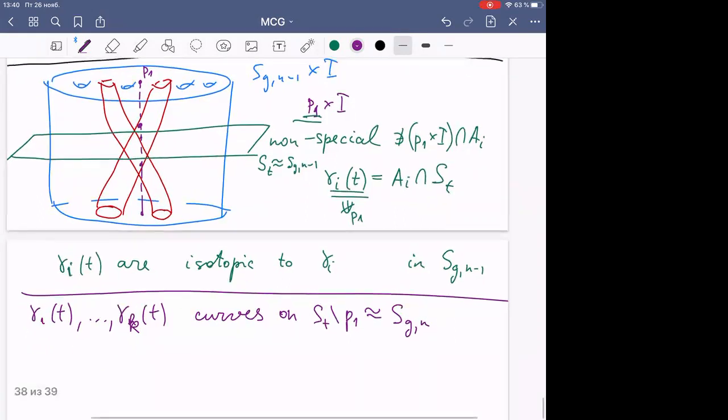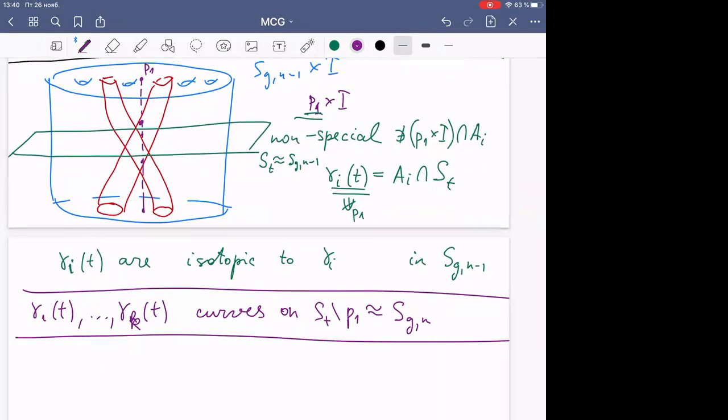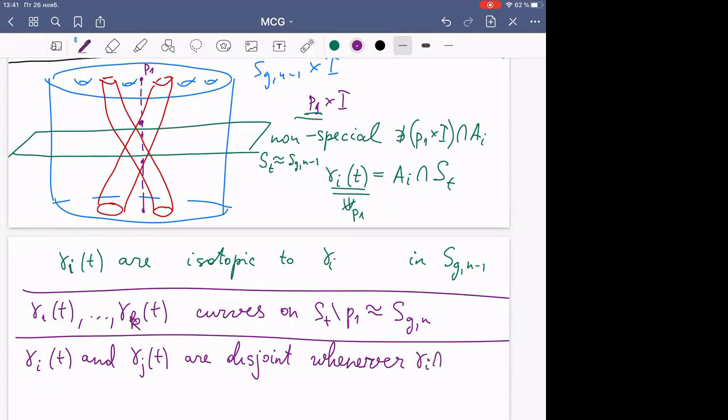And one more important observation, that since we know about the intersection of the annuli, we also know the following: that gamma I of t and gamma J of t are disjoint whenever the initial curves, this is what we try to prove, are disjoint.